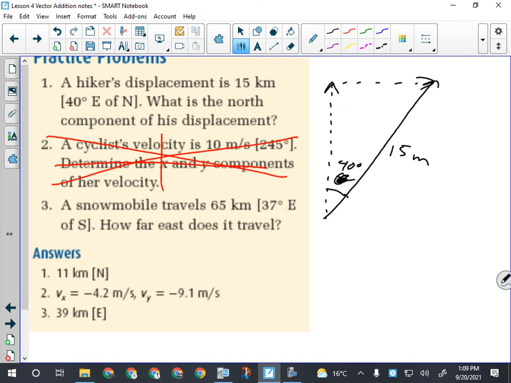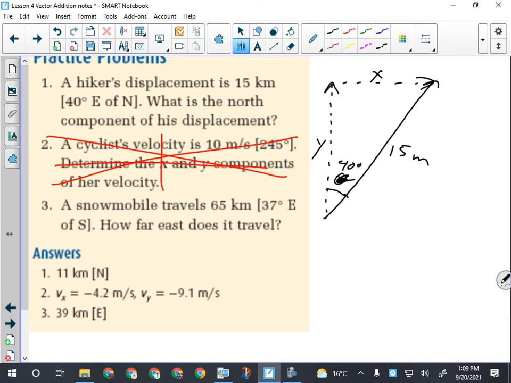So this side here, would this be y or x? Y, it's vertical, just like on a graph. The y-axis is the vertical one, and this would be the x component. In this question, they want to know the north component. Which one's north, y or x? Y is the one that points north.